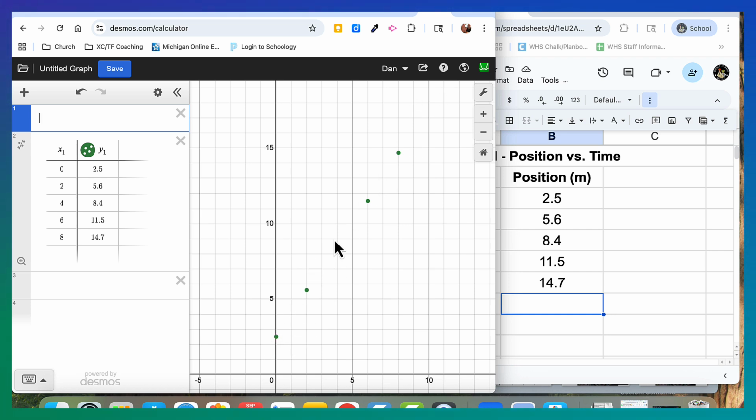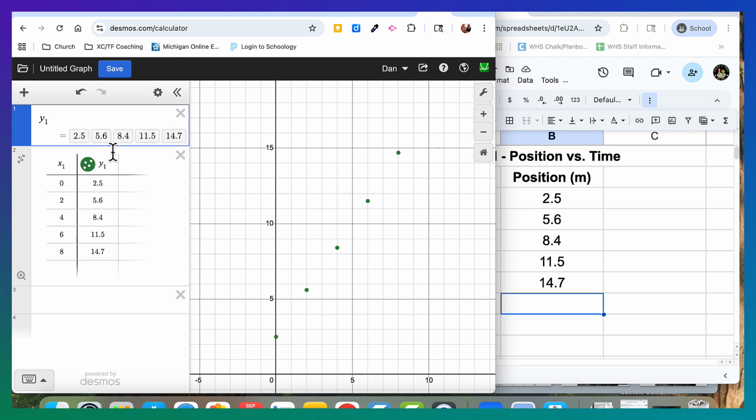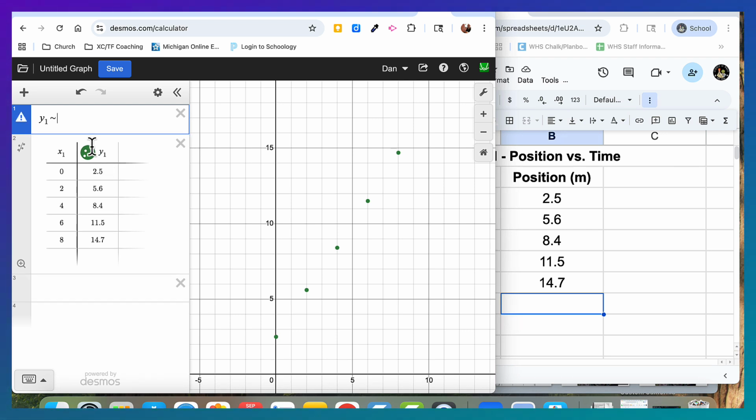So we're going to use the old y equals mx plus b. It would be great if we could just do y equals mx plus b, but that would make it too easy. What we have to do is be very specific about which y we're talking about. So here we put y1, okay, so that's going to be this one. And then I wish I could explain why this is, but we use the little squiggly.